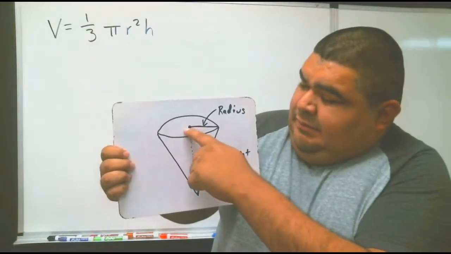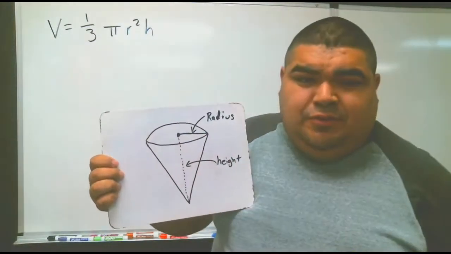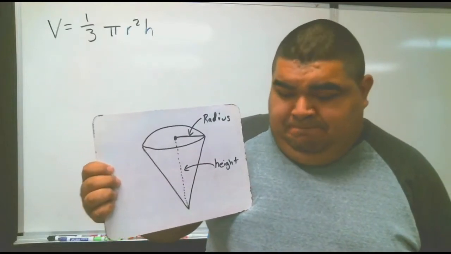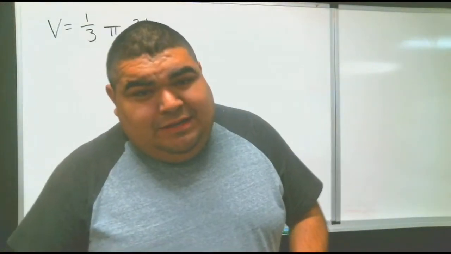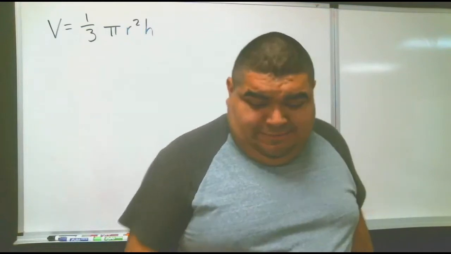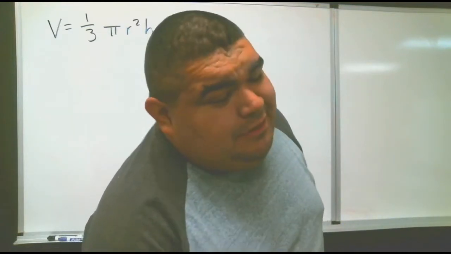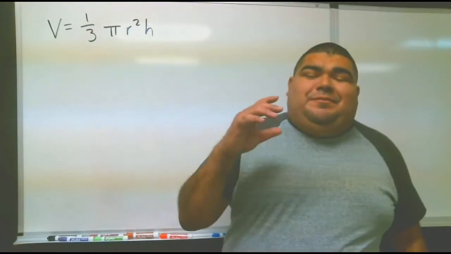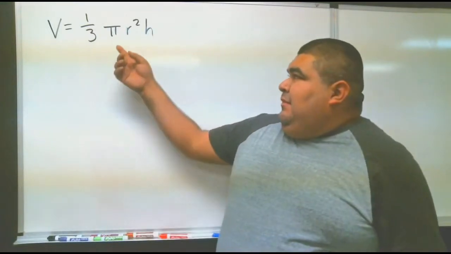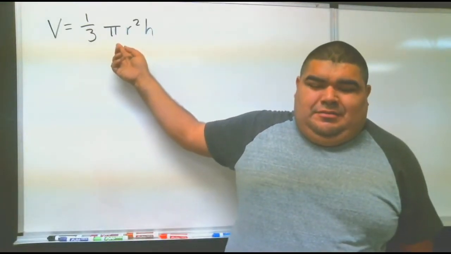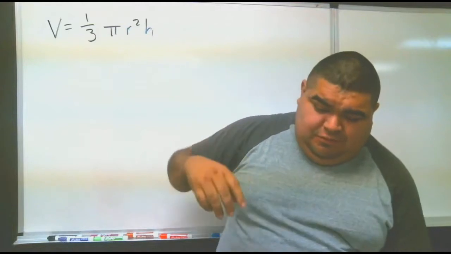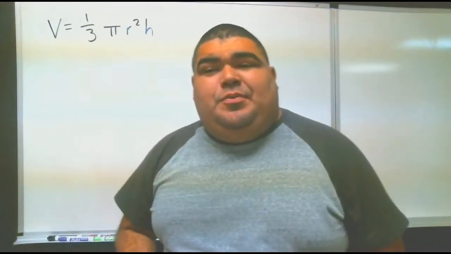The radius is from the center to the edge of the circle, or the base. For the symbol pi, we use 3.14.